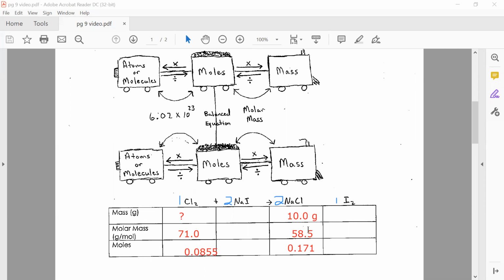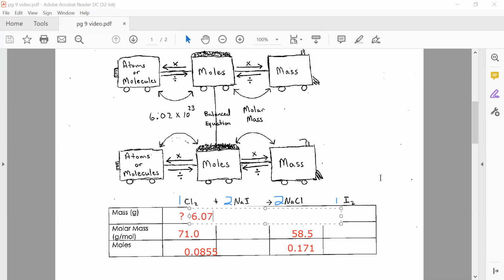Now, 10 divided by 58.5 equals this, and this times this would equal this, or 0.0855 times 71 would be, and we'll see what it is, and it looks like I get 6.07 grams. So I could write 6.07.